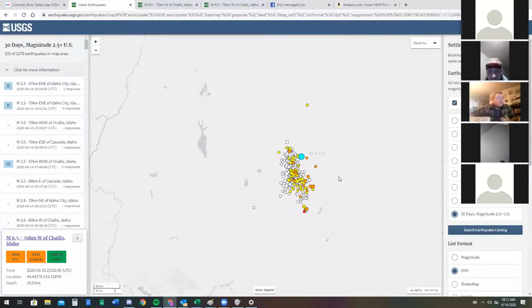So, what is unique about this spot in Idaho right now that I've been tracking the past couple of weeks is that there's a zipper effect that tends to happen with earthquakes along fault lines, okay?